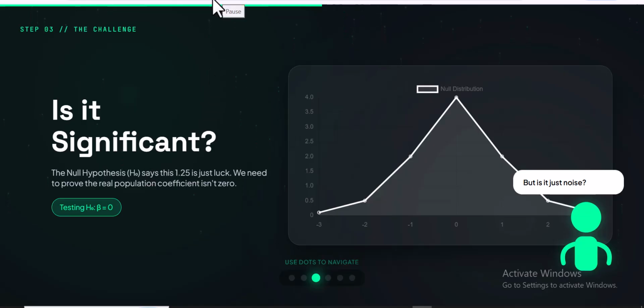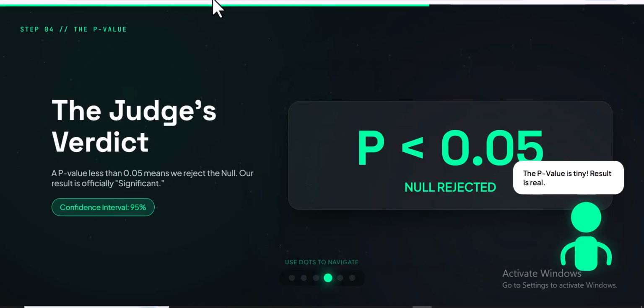And obviously, in our mind, we want to prove the alternative hypothesis. The ideal situation would be where the null hypothesis is rejected and we accept the alternative hypothesis, which is represented with H1. So how do we know that the beta coefficient value is significant?